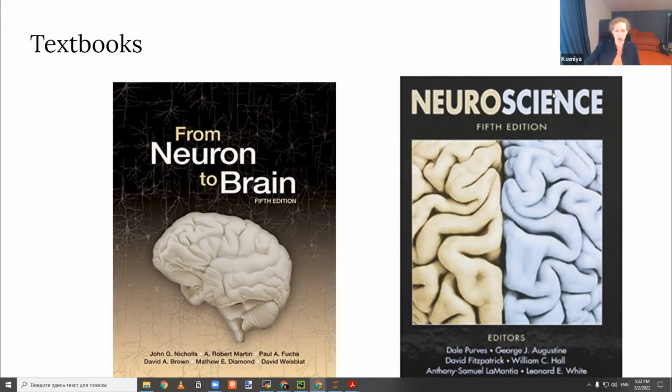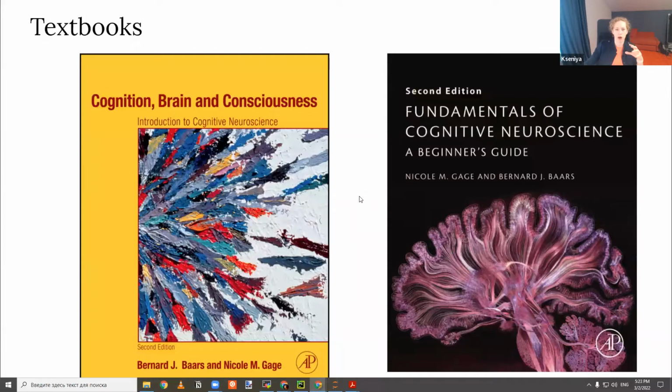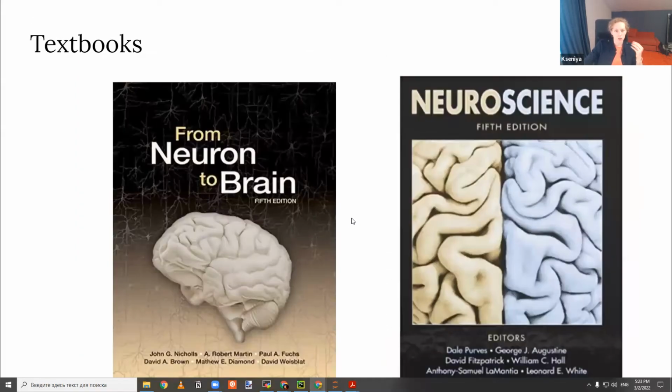And for example, this book, Neuroscience, 5th edition, a book by Dale Purves. The first two books are mostly about cognitive science, about thinking and these highest processes. And if you want to know more about the neurons, some details about neurophysiology and maybe the biochemistry and about neural channels, you should use these two books.